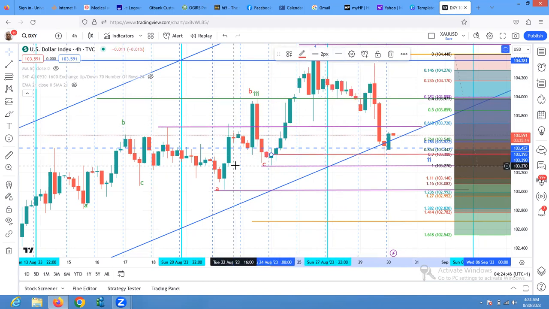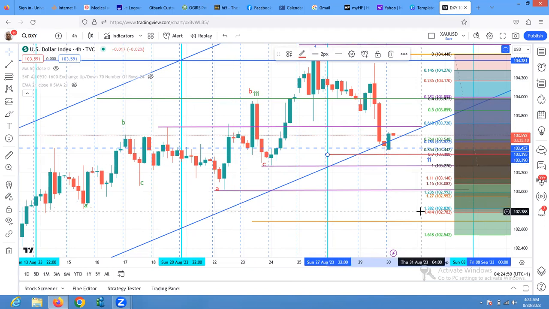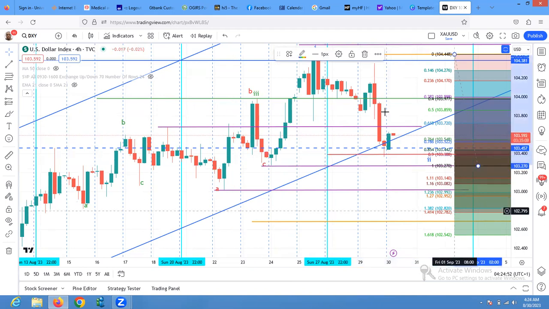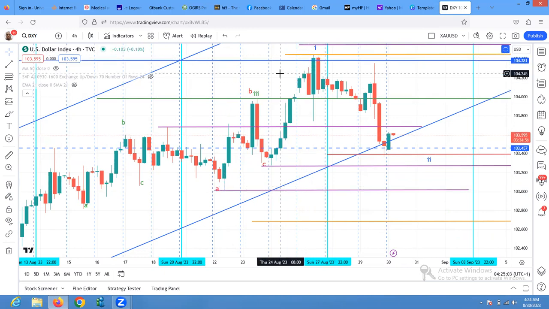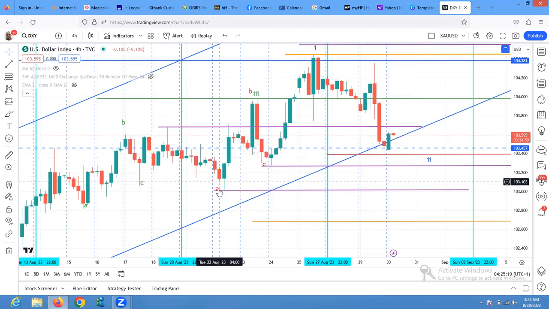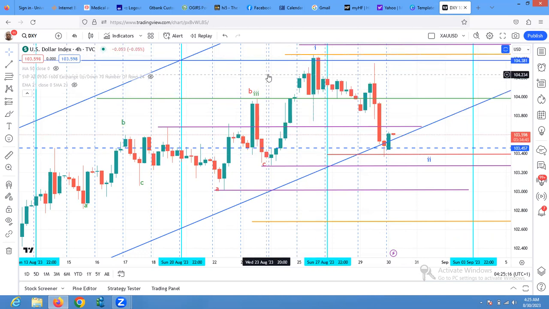Which may also mean for the DXY, based on what I saw now, that from here up to this point is wave 1 that has run a 5-wave structure. That may have run 5-wave structure of 1, 2, 3, 4, and 5 to finish wave 1, except that.